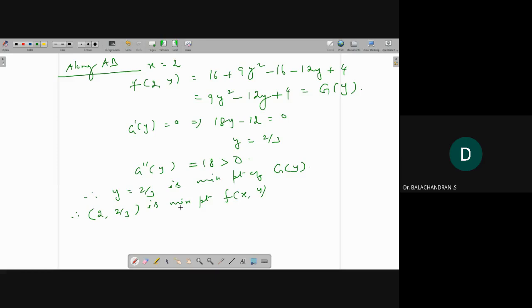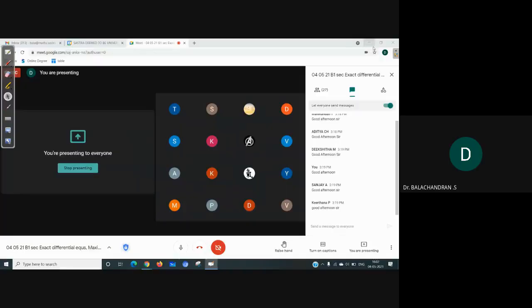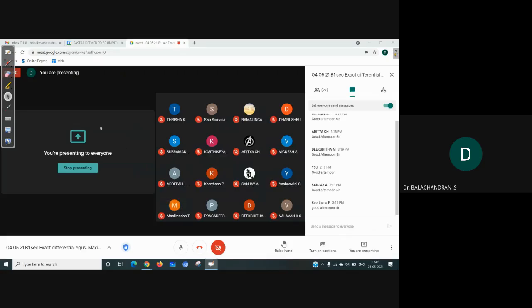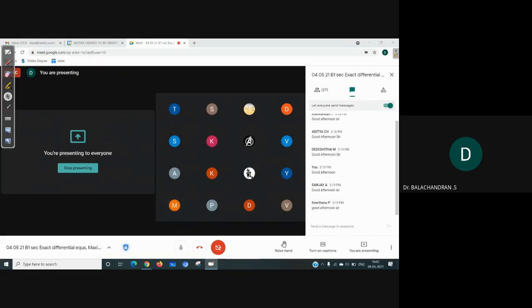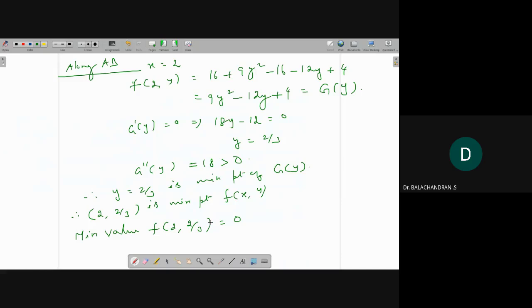So the minimum value f of 2 comma 2 by 3 is equal to, anyone do it and tell the answer. Zero. Okay, so f of 2 comma 2 by 3 is 0.